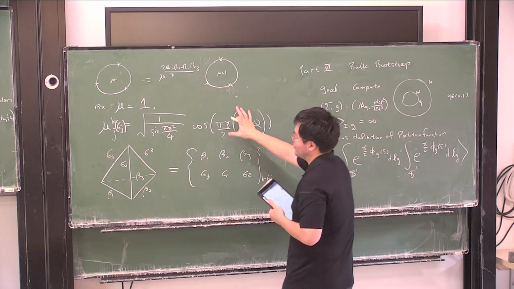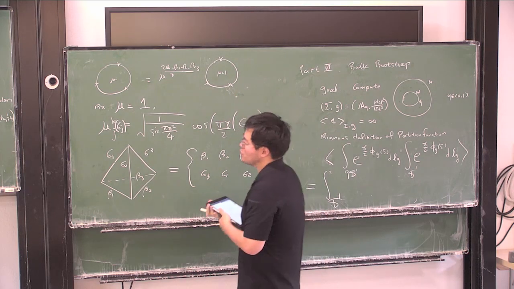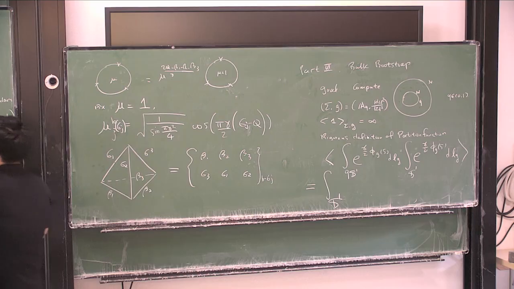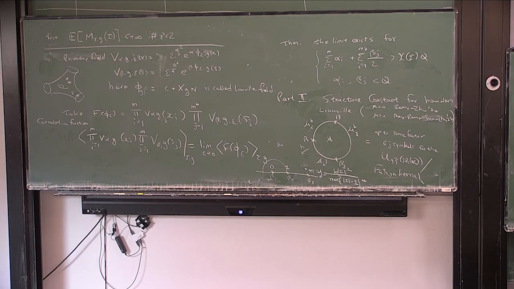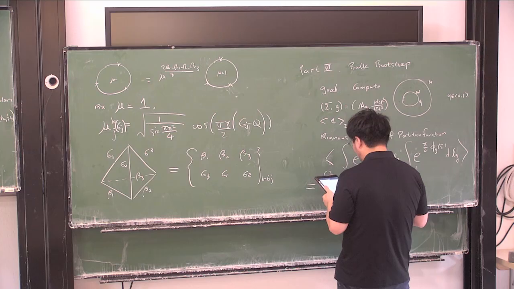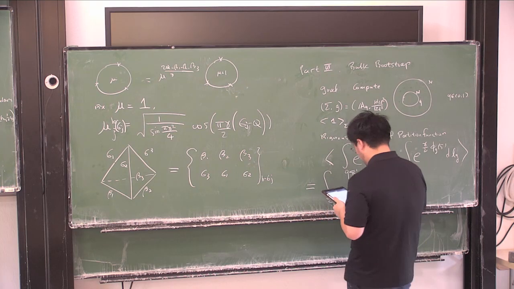Oh, okay. I forgot there are two different kinds of boundary structure constants. I only explained one here. I need to explain another one. So let me first finish this formula, then I introduce another boundary cosmological constant.